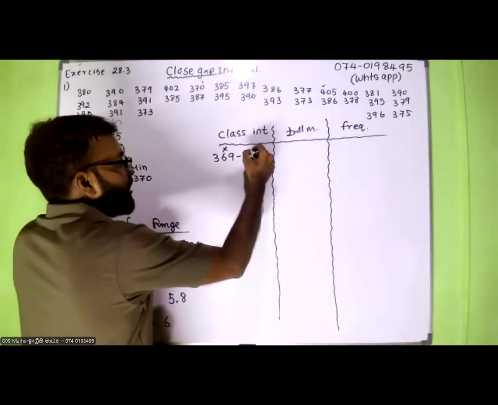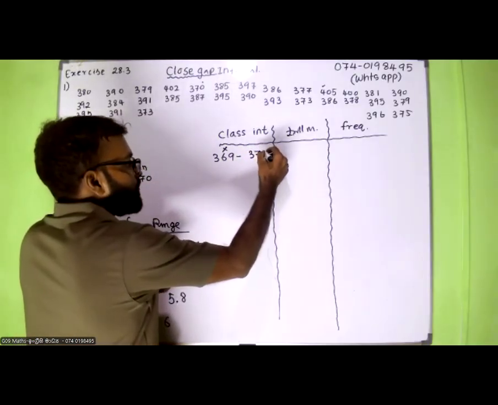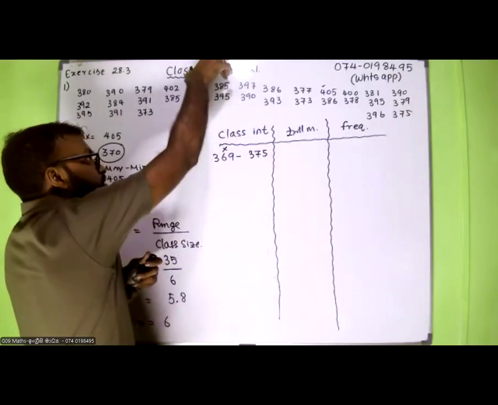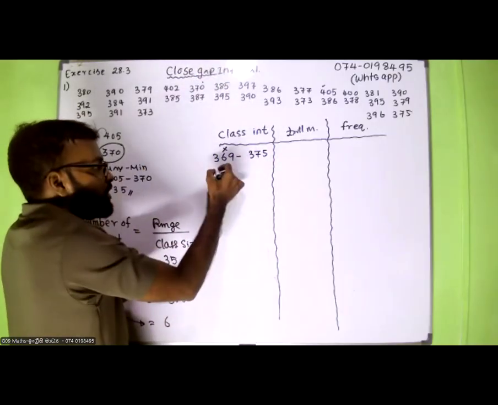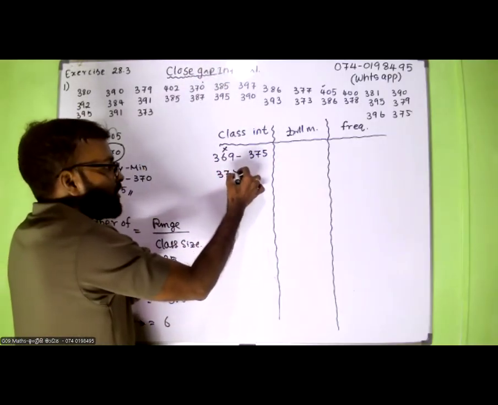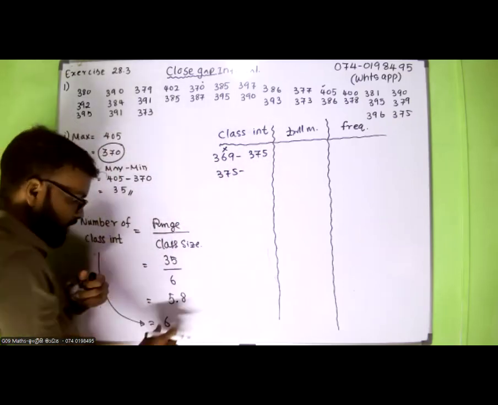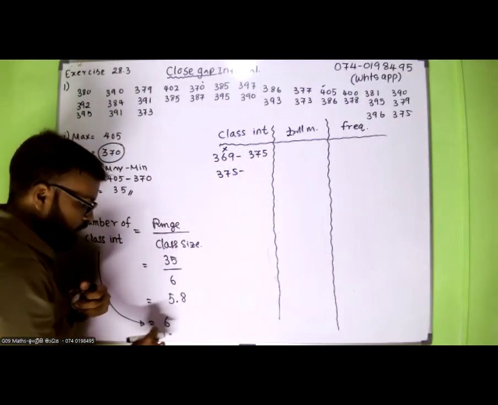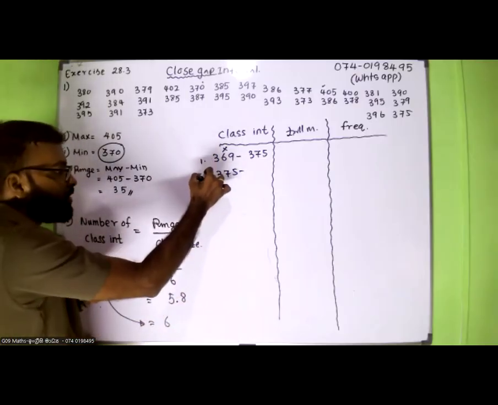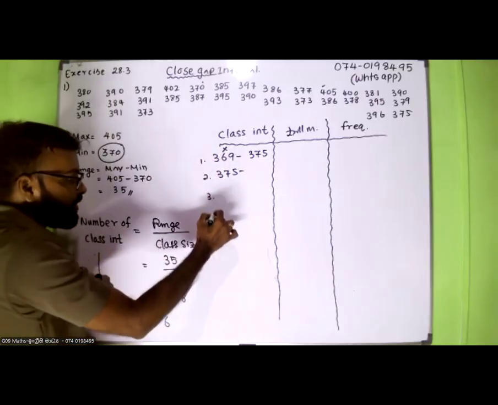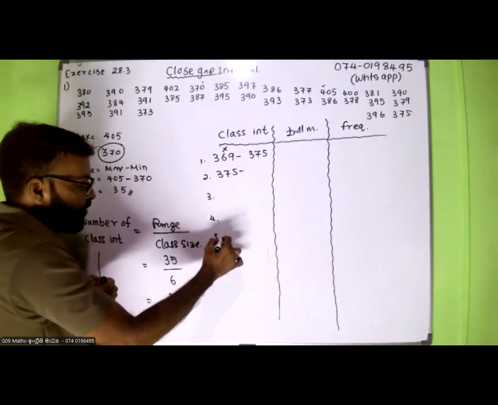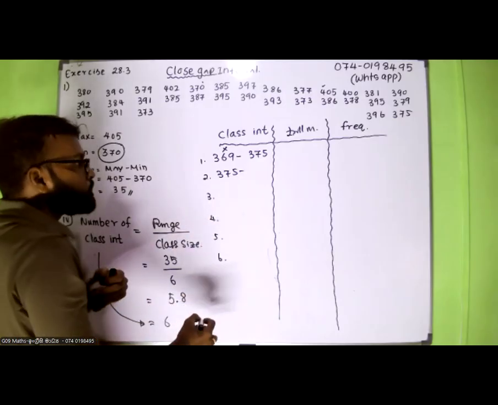So the ending point is 375. This is closed gap, so you need to start from 375 as well. The number of class intervals that you need to have is 6: 1, 2, 3, 4, 5, and 6.